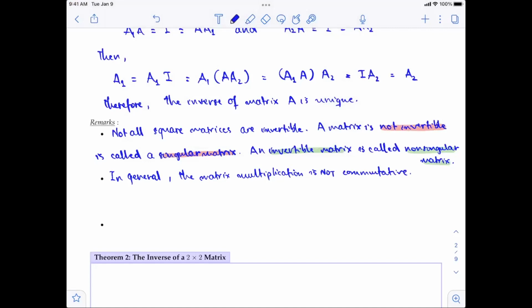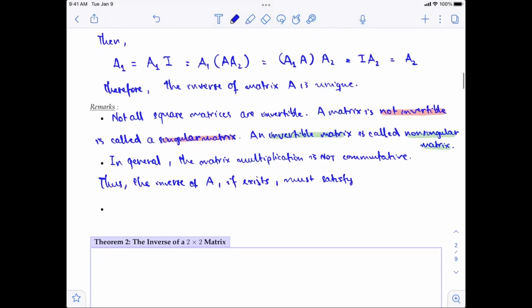Thus, the inverse of A, if it exists, must satisfy the condition that A times B equal to B times A and equal to the identity matrix.